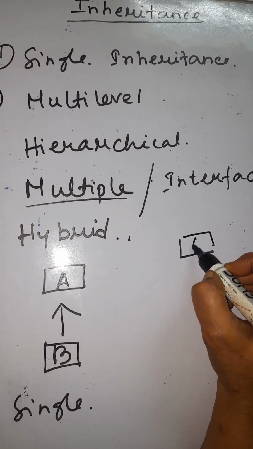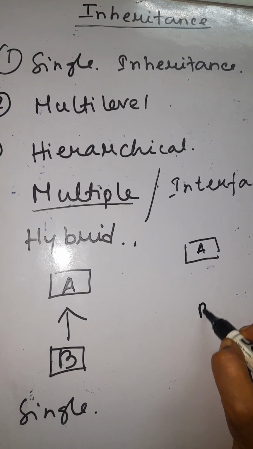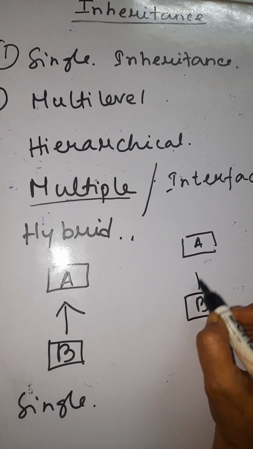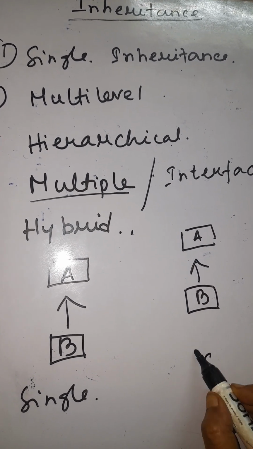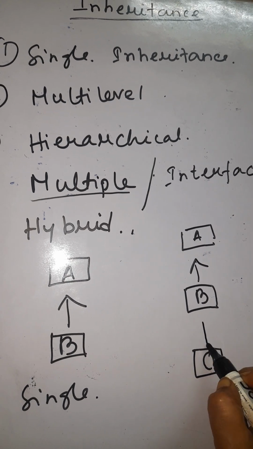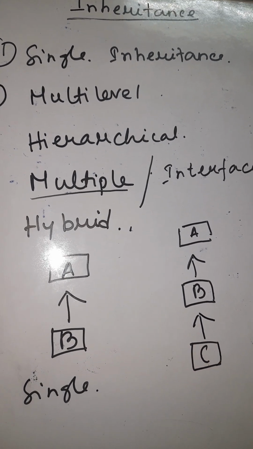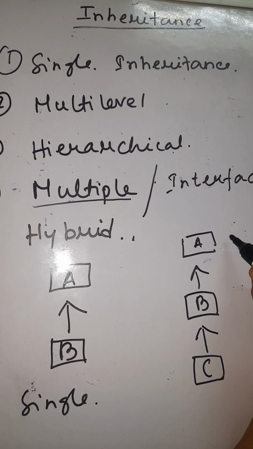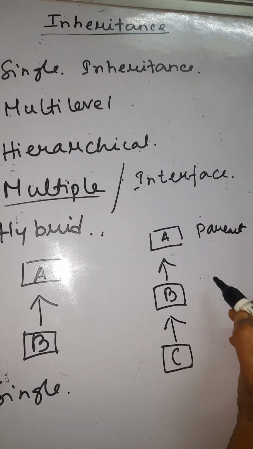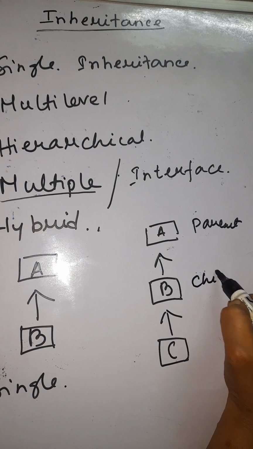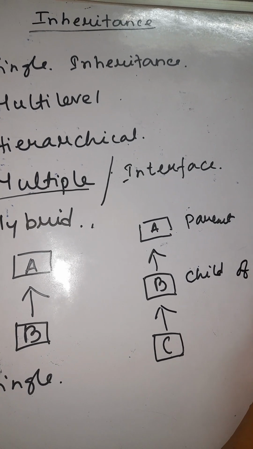Multi-level means this is class A, then class B, which is the intermediate class, derived from class A, and then one more class, class C, which will derive from class B. So class A is the parent class or base class or super class, and B is the child class or derived class of class A. Clear?